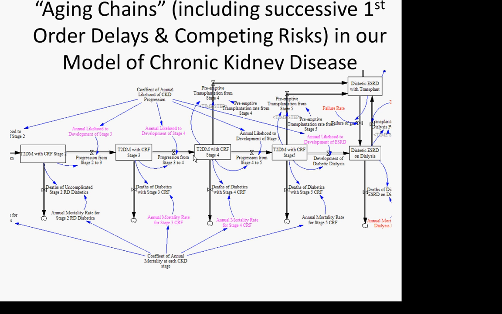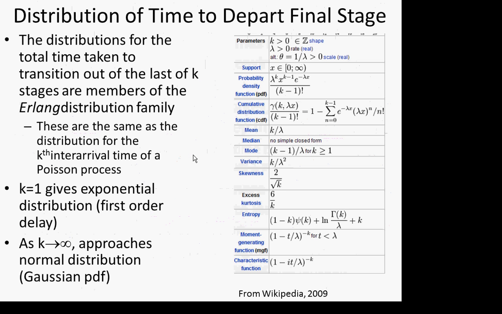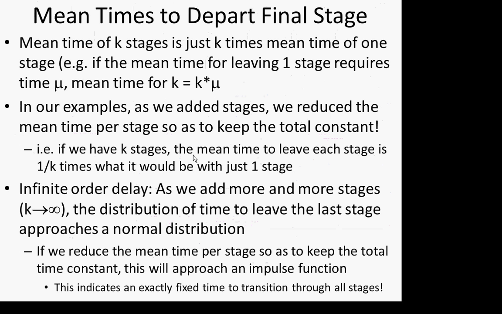Any questions about that before I just hit on briefly the issue of competing risks? Yes? Earlier you had a slide that said something about K. First order delays in the meantime. This one here? Yeah. The first bit there, that's assuming that all the stages have the same mean time.